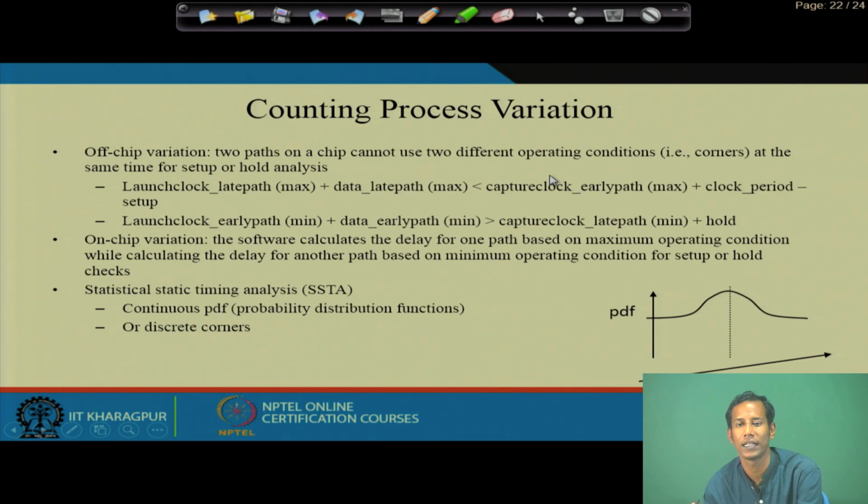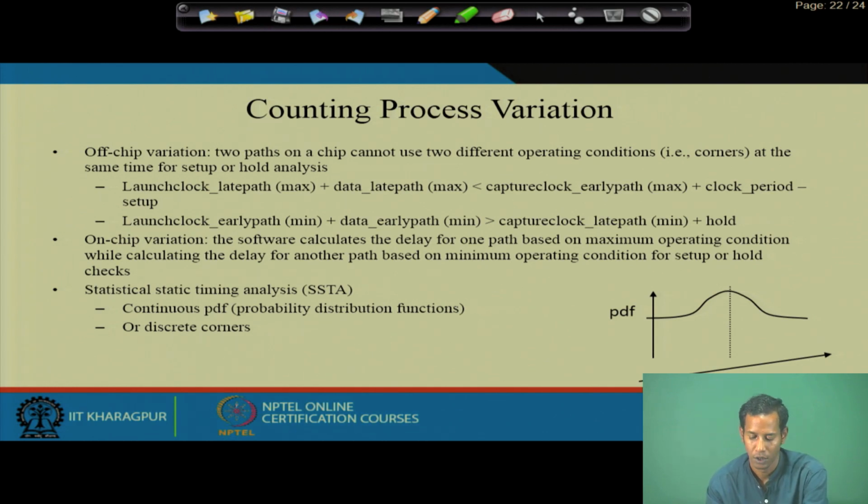One is running at, let us say, 0 degree centigrade and another one at 85 degree centigrade. That may not be used while we calculate setup time and hold time analysis, because the information we retrieve from the library will be different. So, the calculation will be totally wrong.